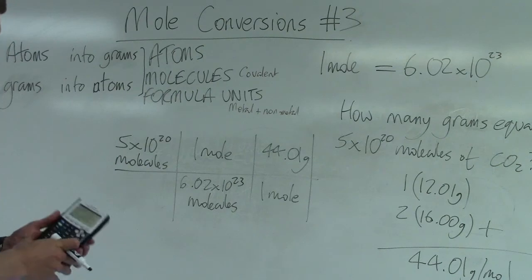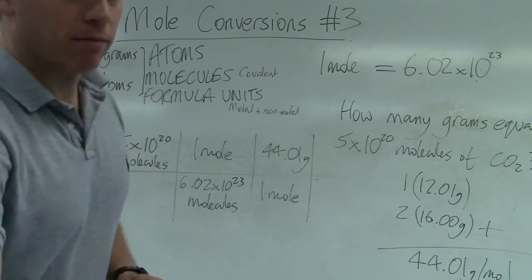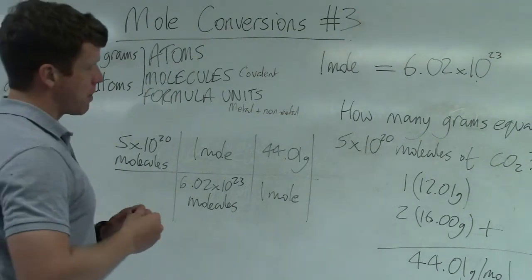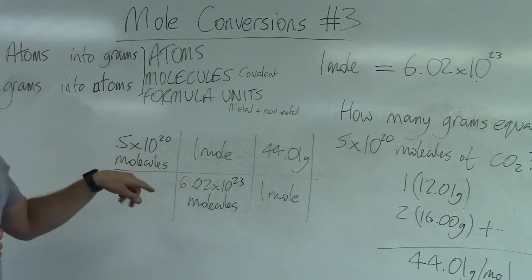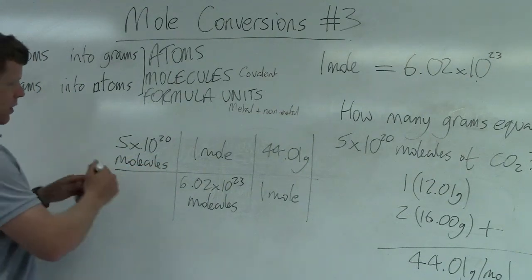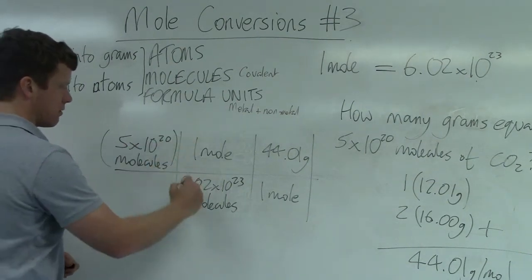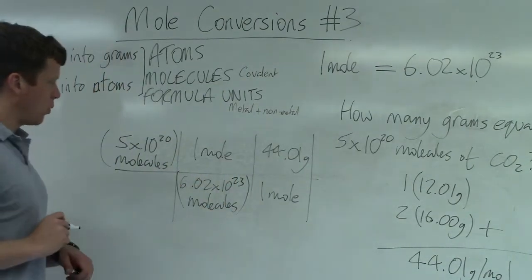Okay. I realised something that I should have mentioned earlier perhaps, but on the TI calculators you need to put these values in parentheses, otherwise you'll get a weird number.